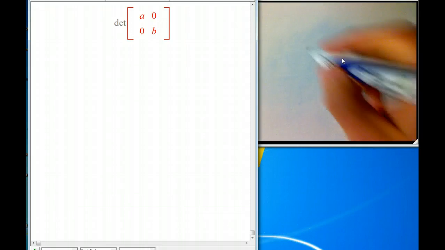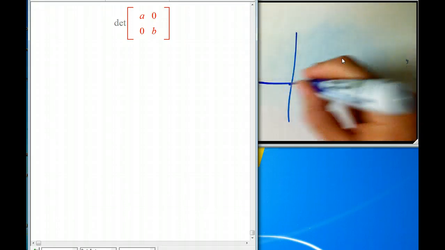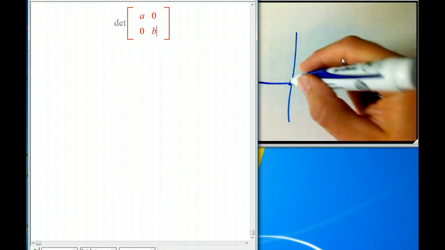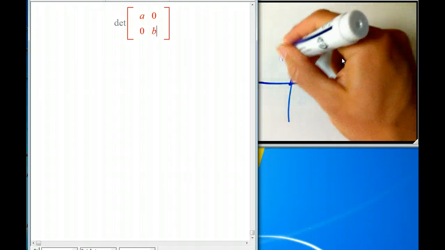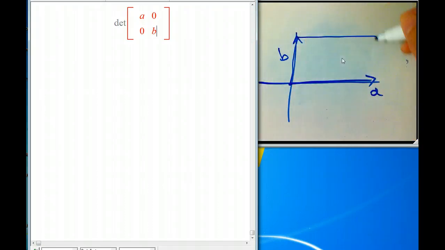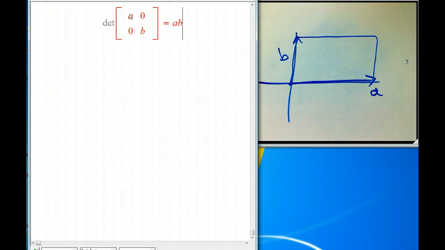I'll just rewrite it. Try and make this big so it doesn't get small on YouTube. What if that's A and B, and they're not slanted yet, so it's not a fully general parallelogram, but if those are just A to the right and B up, of course we know what the answer should be. That should be AB. And that's exactly what the formula gives you, AB minus 0. So a lot of evidence that this is giving us the right answer.